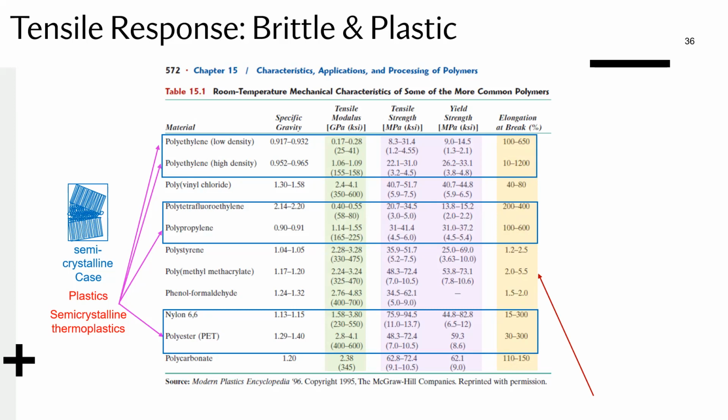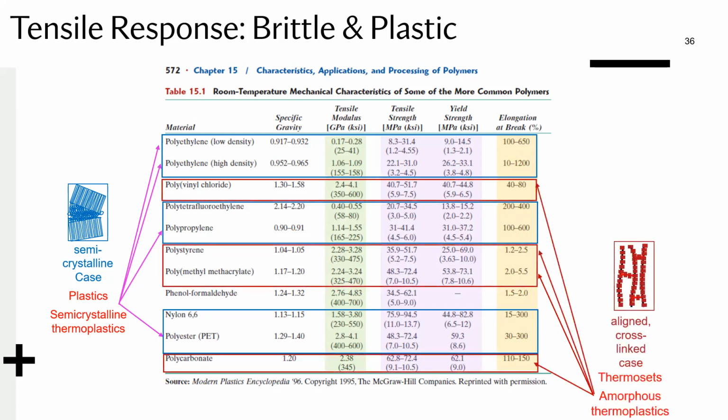Another dominant group is thermosets and amorphous thermoplastics. Now, if these amorphous thermoplastics are highly cross-linked, they form a rather brittle mesh. So again, thermoplastics can be amorphous, or they can be semi-crystalline.